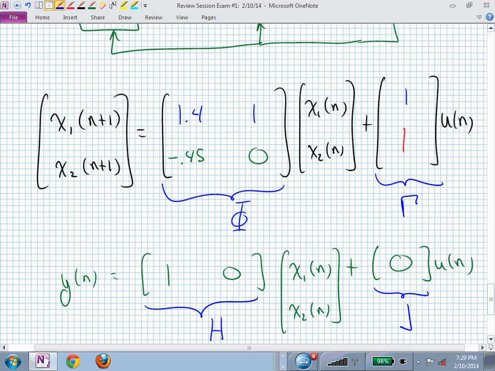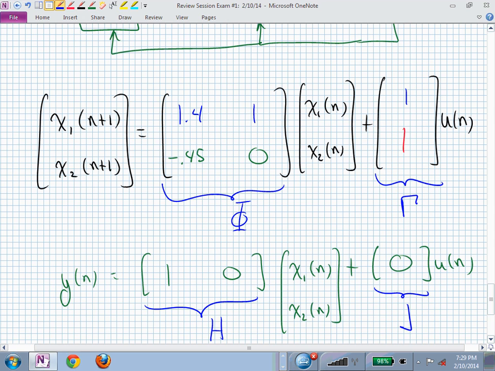If we find the eigenvalues of phi, they will be the same as the poles of our transfer function, g of z. So you could z transform the difference equation, find your transfer function, that's capital G of z, and find what? The poles of capital G of z, and see if they are where? Inside the unit circle. If they all are inside the unit circle, the system is stable; if just one is outside, your system is unstable.